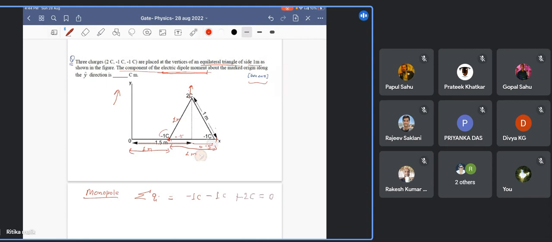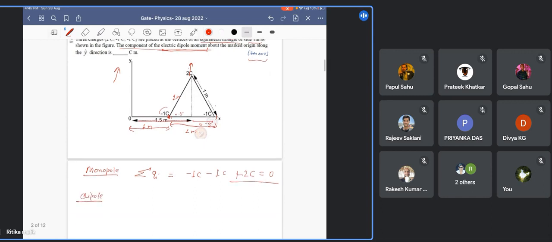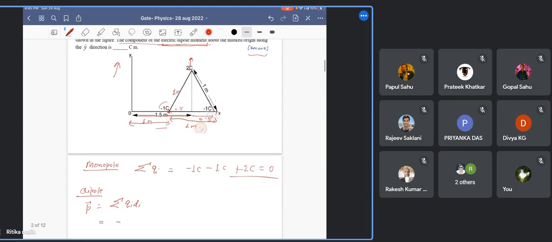So we start with the dipole. For this 1 coulomb charge placed at a distance of 1 meter on the x-axis, Qi r vector is minus 1 coulomb at a distance of 1 meter in the x-cap direction.